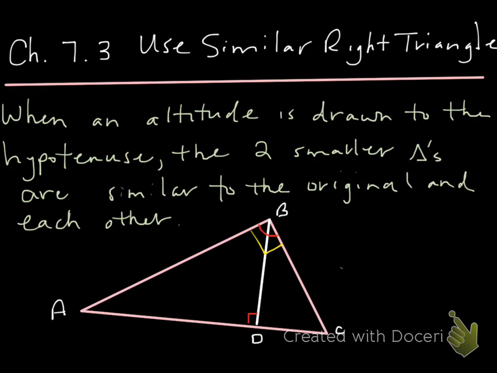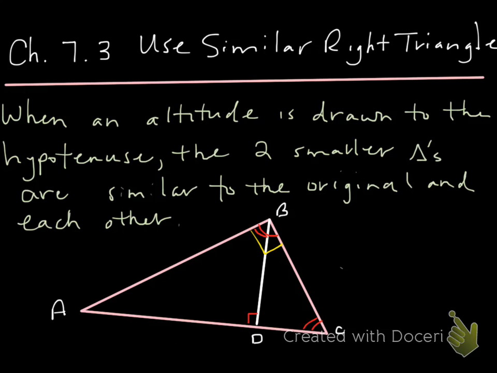Since this is a right triangle, what you're going to find out is that this angle right here, angle B, is going to be congruent over here to this angle right here, angle C. Think about this for just a second. These two angles right up here, ABD and CBD, create a 90-degree angle, so they are complementary to one another.